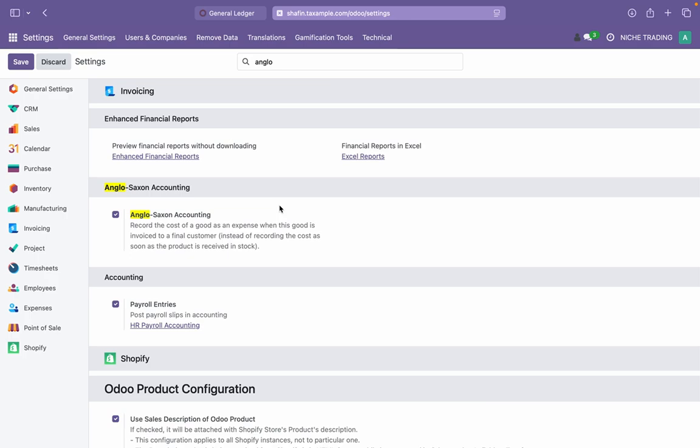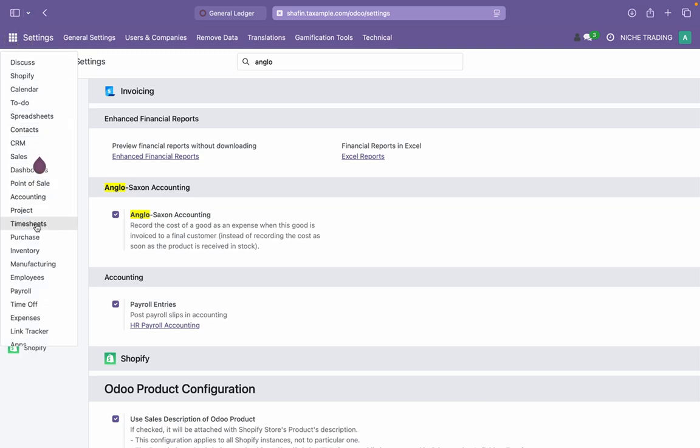It only automatically detects how much we purchased against those 200 item orders and books that cost into the cost of goods sold. So this is the difference between Anglo-Saxon and Continental. Right now we are looking at how the Anglo-Saxon accounting method works for valuation.